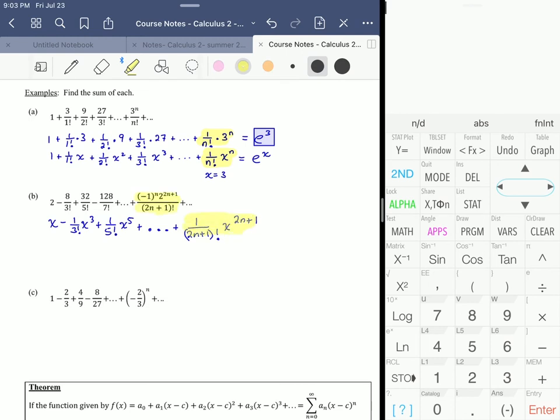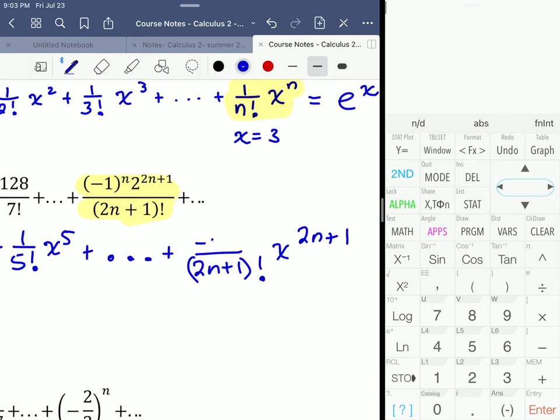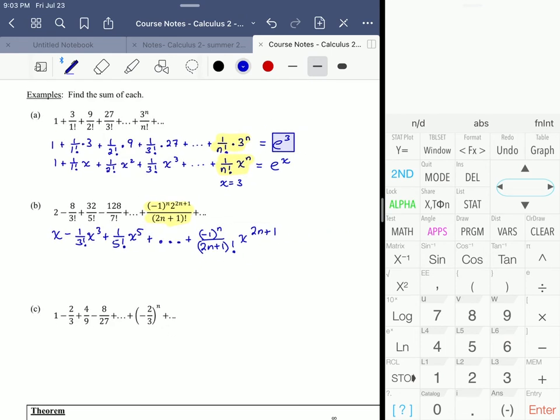If we do, again, a compare and contrast between here and here, well, aside from the fact that I just totally forgot to put the alternating component in there. Whoops. So negative 1 to the nth power. We wanted to start off positive.